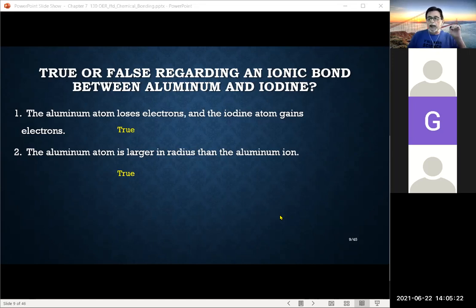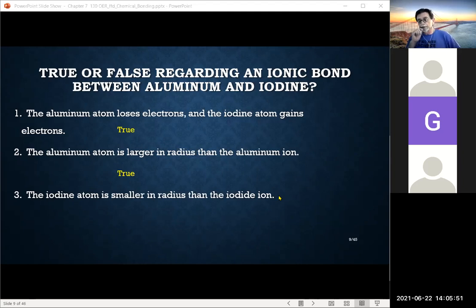It says the aluminum atom. The aluminum atom has 13 electrons, with 3 of them in the outermost shell, as compared to the aluminum ion, which now is the cation that lost those 3 electrons. By losing those 3 electrons, it now has more protons than it does electrons and pulls those electrons even further down.